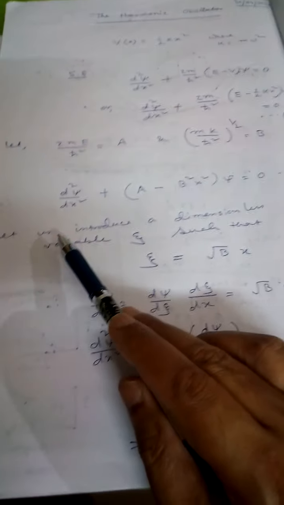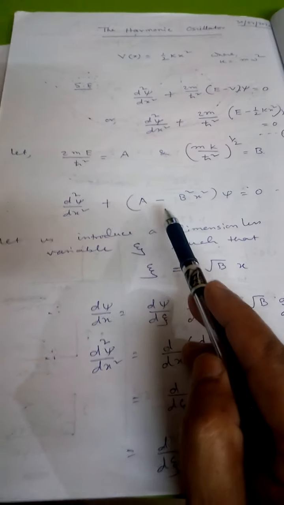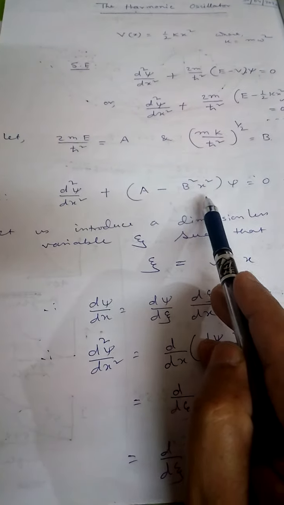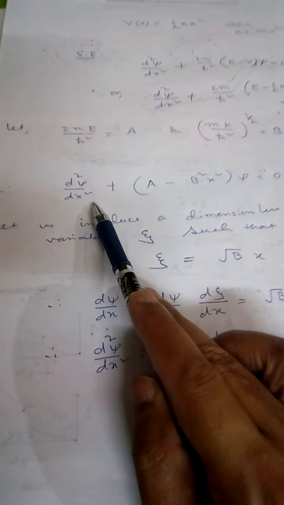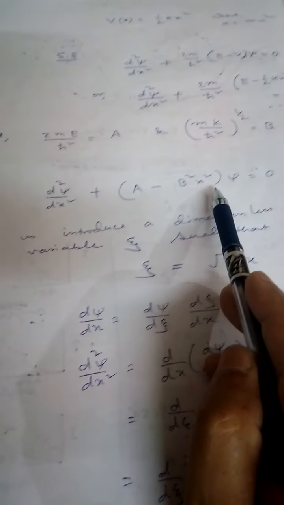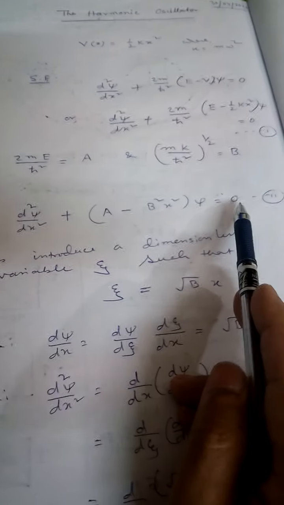Now to solve this equation, this is one kind of differential equation involving x square: d square psi by dx square plus (a minus b square x square) psi equals 0.